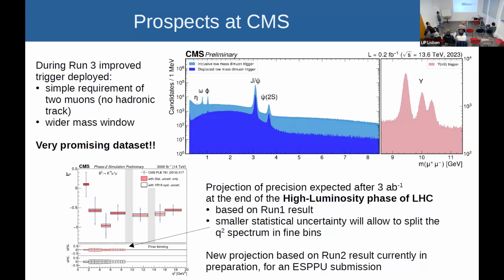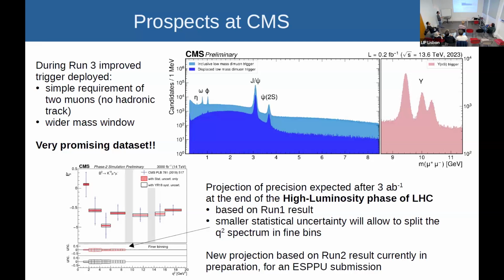For run 3, we have a very good trigger in place, and we increased the rate allocated to this analysis. We increased the mass window and lowered the requirements. So it is very promising to extend this analysis for run 3. You can see here the spectrum collected.